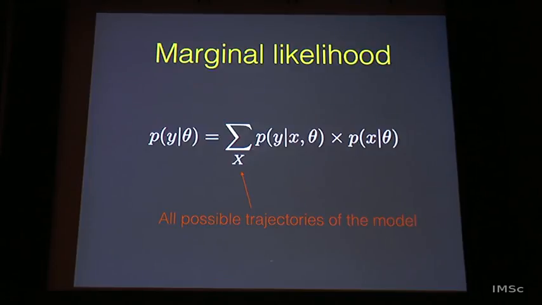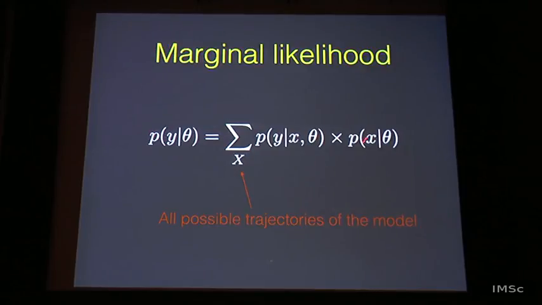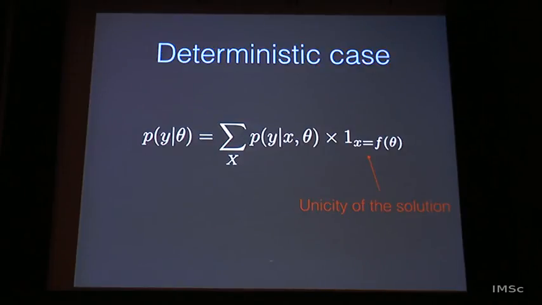Okay, so that's very general. This is the case that encompasses the stochastic and deterministic approach. If you use a deterministic model, well, the probability of the trajectory given the parameters, there is only one trajectory, so there's only one solution most of the time.